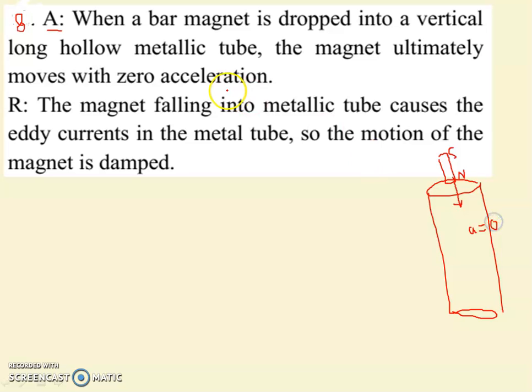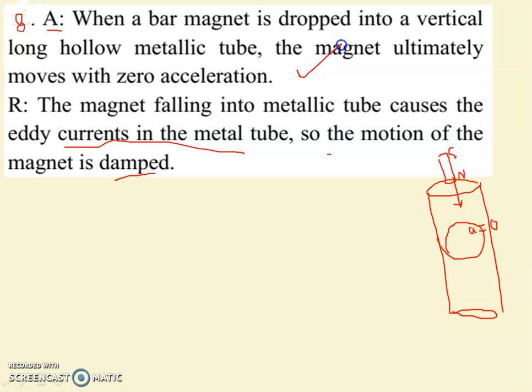Reasoning: The magnet falling into the metallic tube causes eddy currents in the metallic tube, so the motion of the magnet is damped. The reasoning states that when the magnet falls, the induced eddy currents develop in the tube, which damp the motion of the magnet.